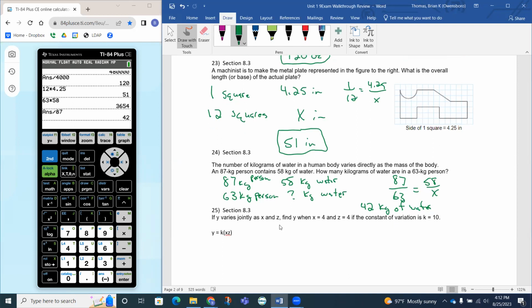So question 25: if y varies jointly with x and z, find y when x equals 4, z equals 4, and the constant of variation is k equals 10.